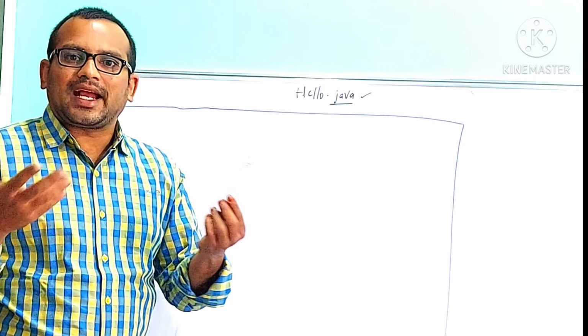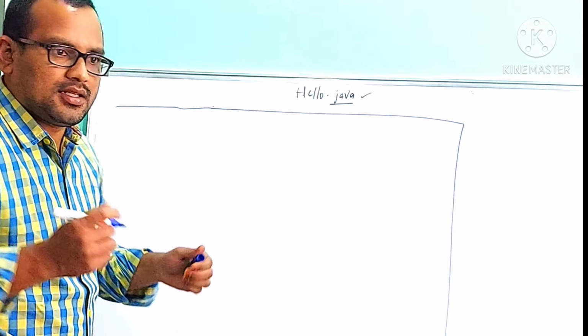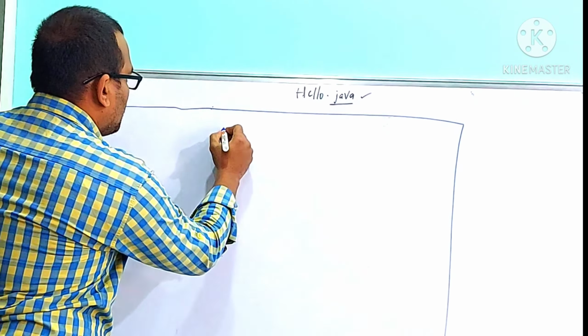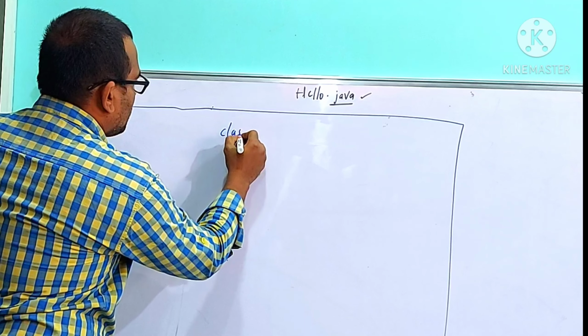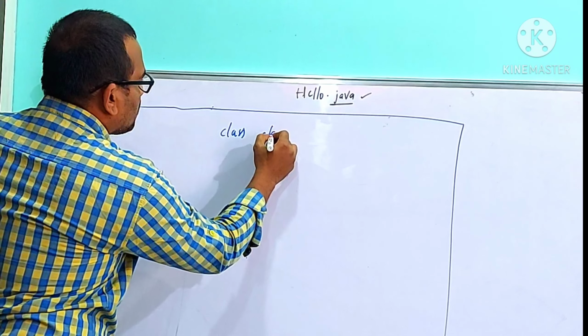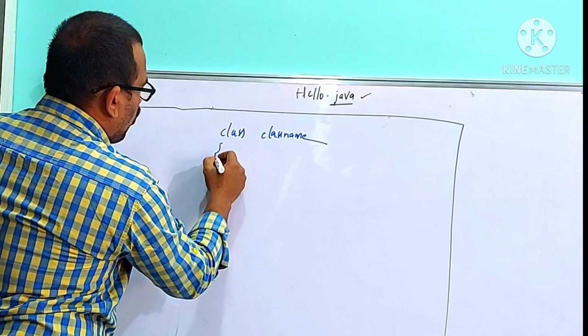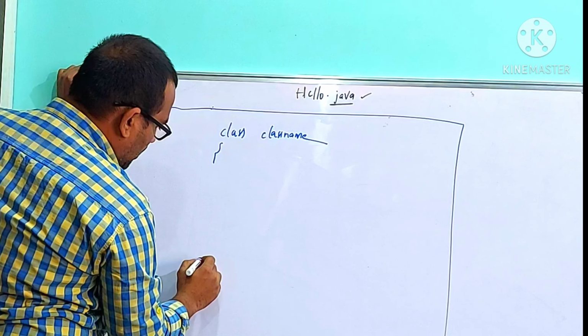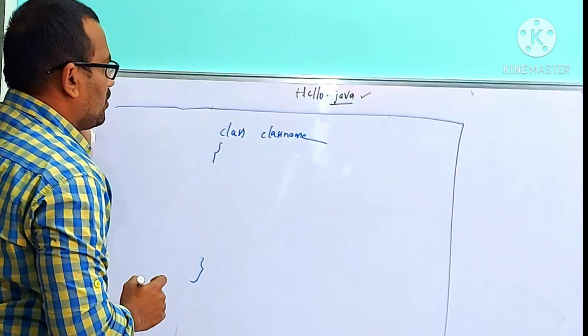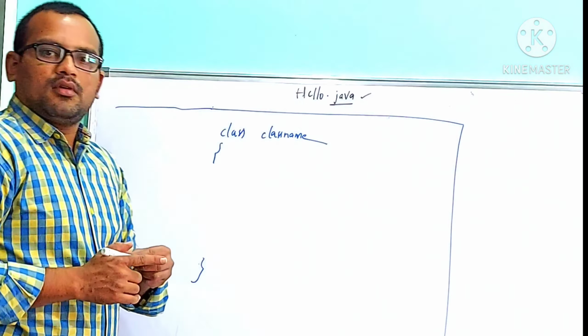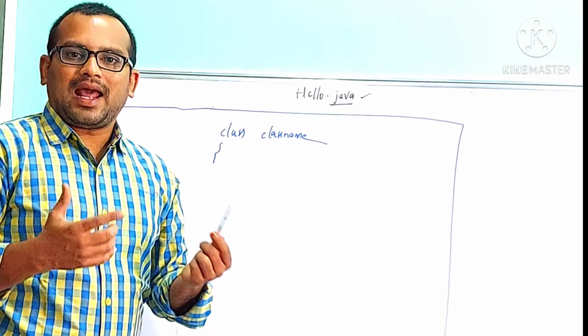How to start a class? A class should start with the syntax class space class name, followed by an open curly brace, followed by a close curly brace. This is the way of writing a class.